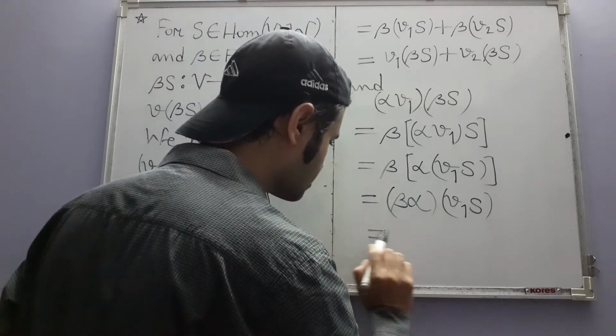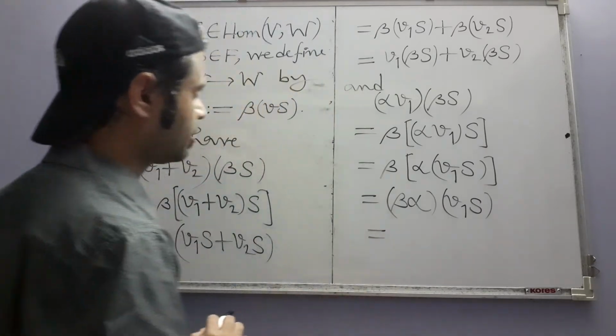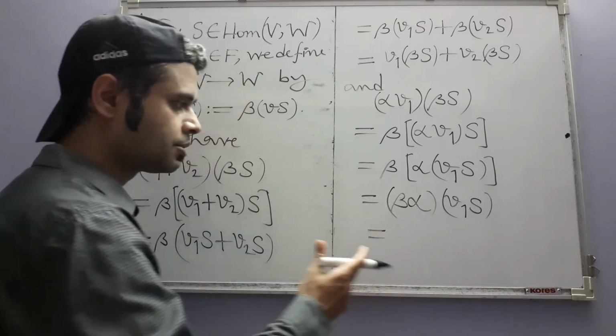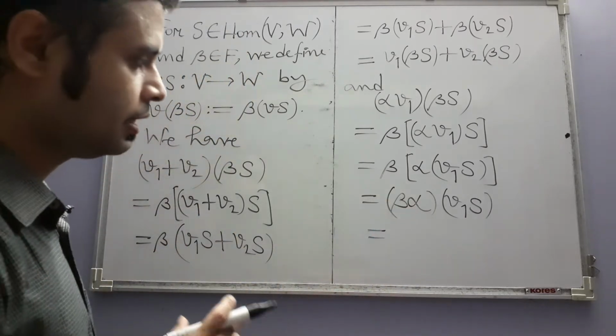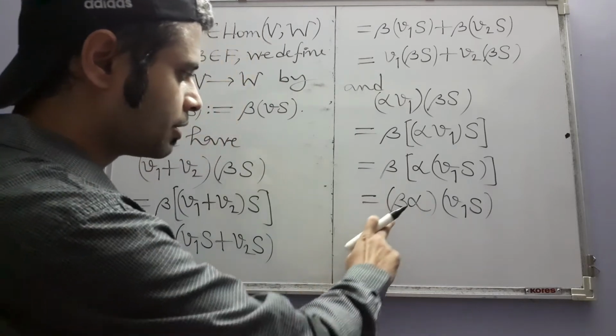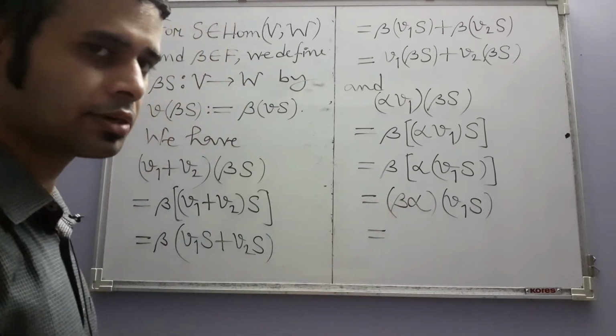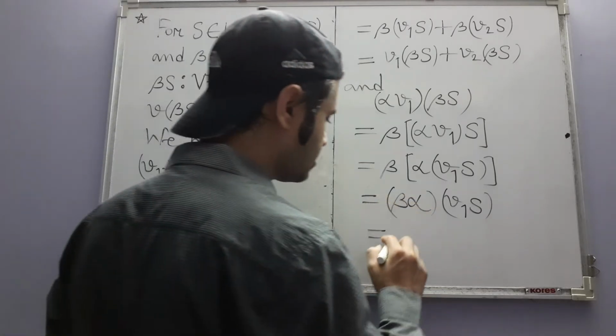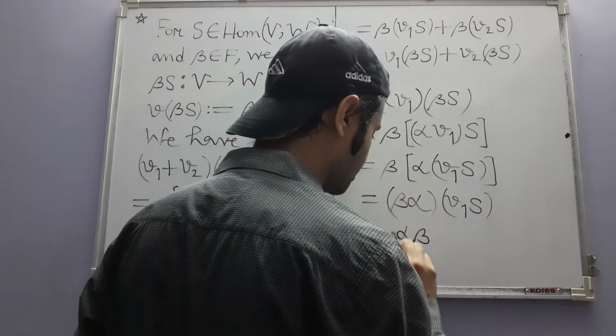Now in the next step, we use the fact that this product, where is this product being carried out? It's being carried out in the field, because beta and alpha are scalars, and we know that a field is a commutative ring. So in place of beta alpha, we can write alpha beta.